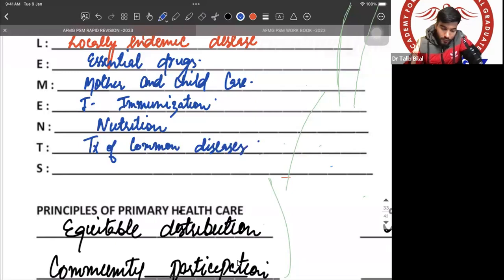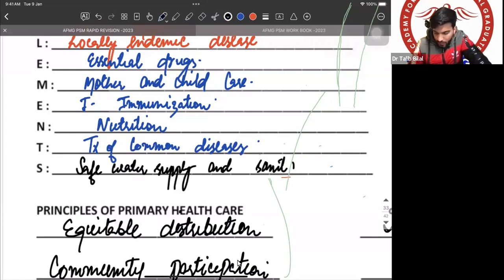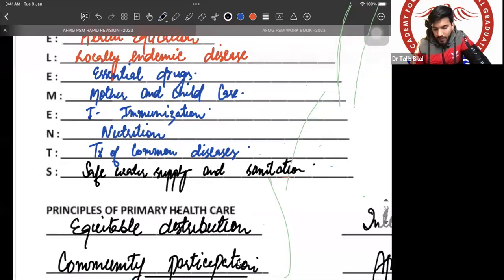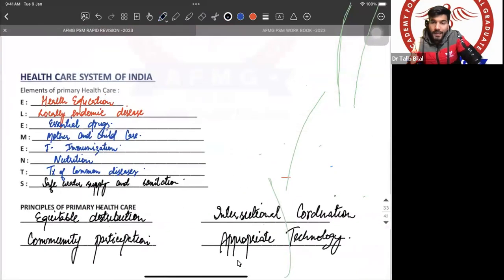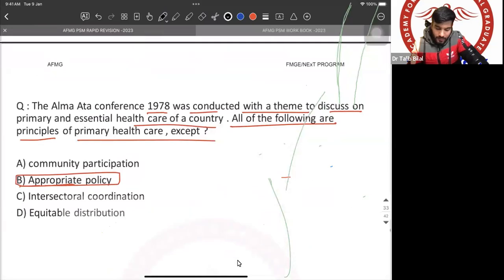And S is safe water supply and sanitation. So these are all the elements of the primary health care. Is that clear, guys? Health care system of India and the principles of the primary health care.